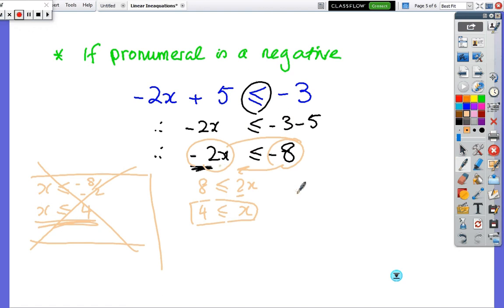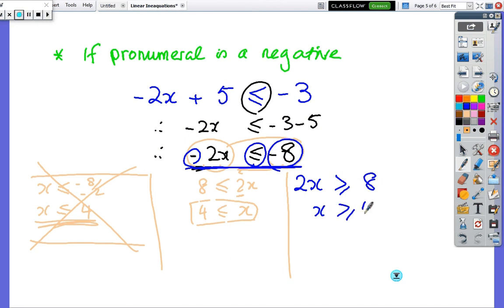You bring the x across to make it positive, and you go on. But there's another way of doing it, which is once you get to this step here, you can just change the sign to a 2x, change the sign in the middle, and change the sign of the other number, and then you end up with the same answer as that one there.